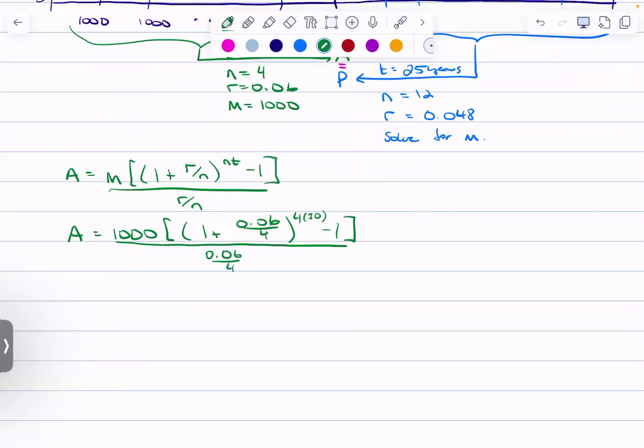All right, here we go. 0.06 divided by 4 plus 1 to the power of 4 times 30 minus 1 times 1,000 divided by 0.06 divided by 4.